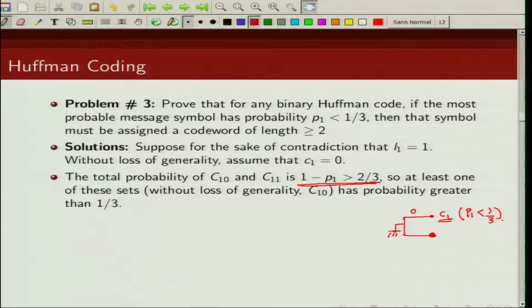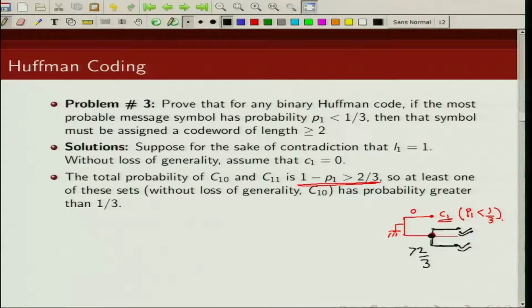And how was this node formed? This node must have been formed by combining some other nodes. So if this has probability greater than 2/3, and there are two nodes or leaves which are merging here, at least one of them must have probability greater than 1/3, right?